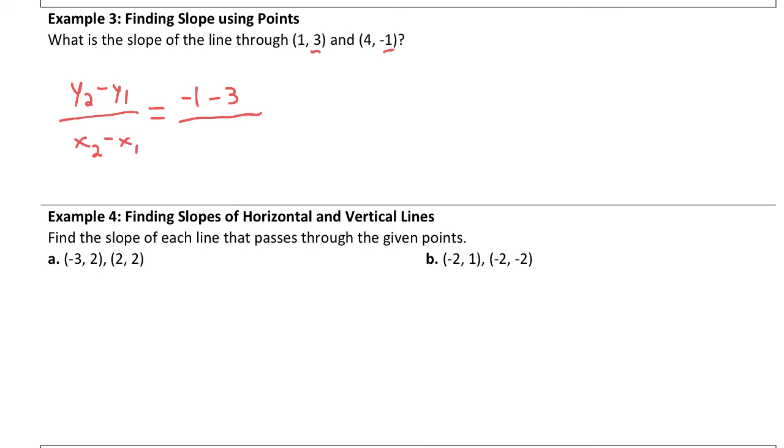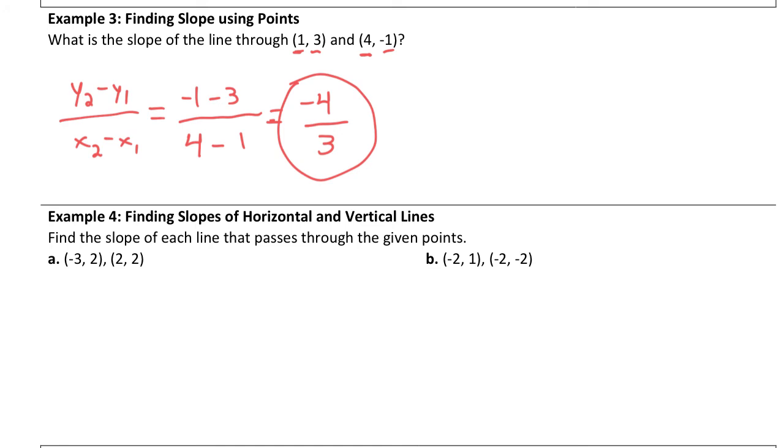Now, x2 and y2 are part of the same ordered pair. So 4 would be written first on the bottom, x2. x1 is just 1, which comes from the same ordered pair as y1. So this becomes -4 over 3. That is my slope.